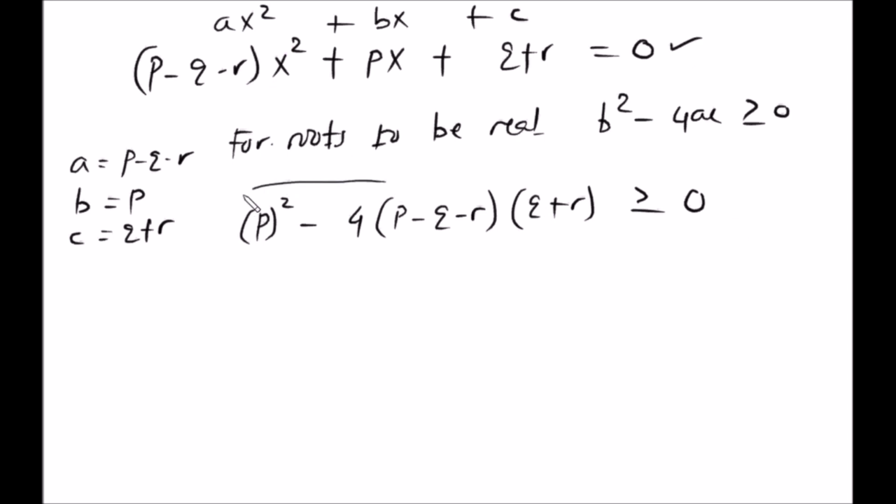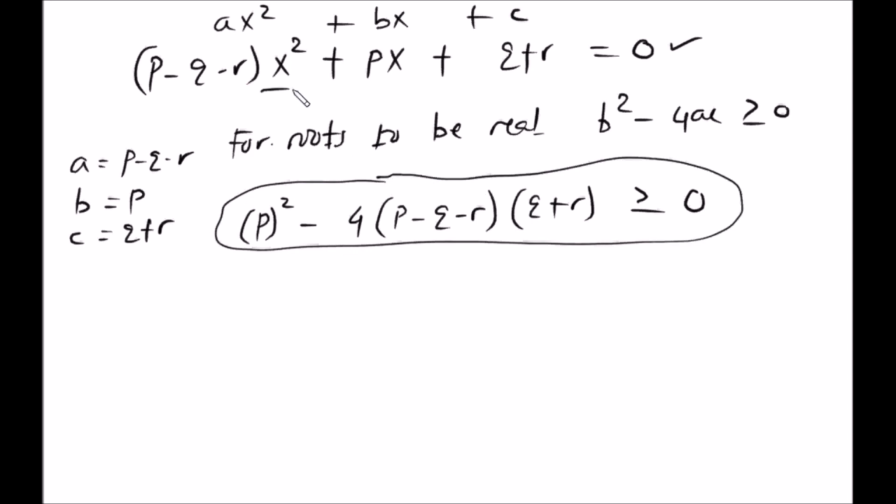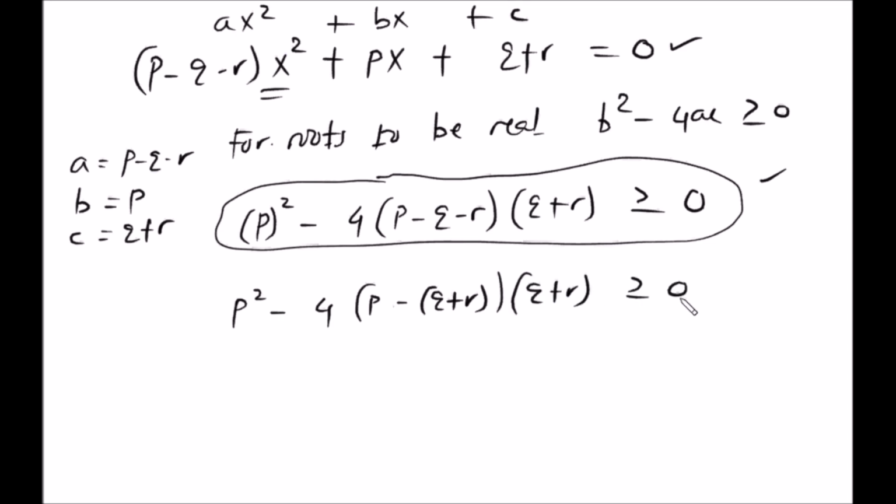Kwa hiyo tukiprove kwamba hichi kitu ni kweli, basi tumesha prove kwamba root za hii equation ni real na tumeshamaliza swali. So let us prove kwamba hii expression ni ya kweli. So hii itakuwa ni p squared minus 4 times (p - q - r) times (q + r) is greater or equal to 0, yaani p squared minus 4(p - (q + r))(q + r) ≥ 0.